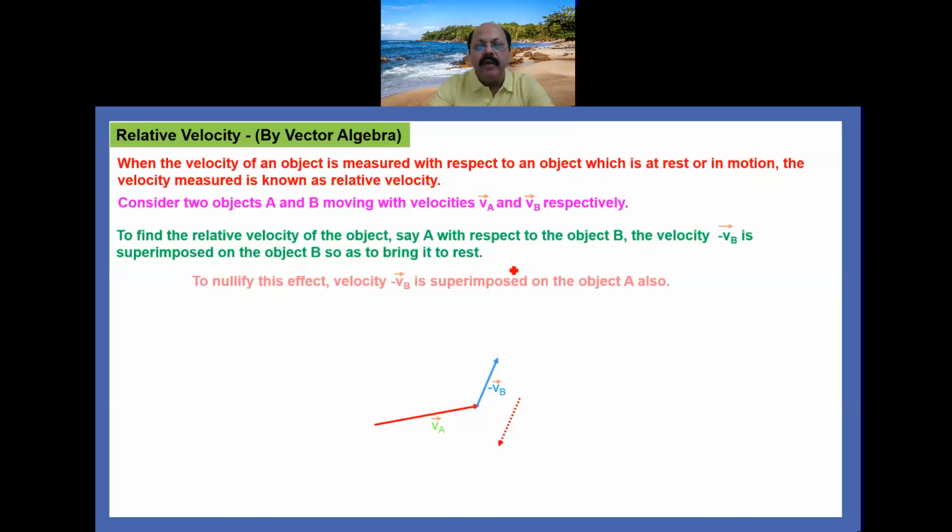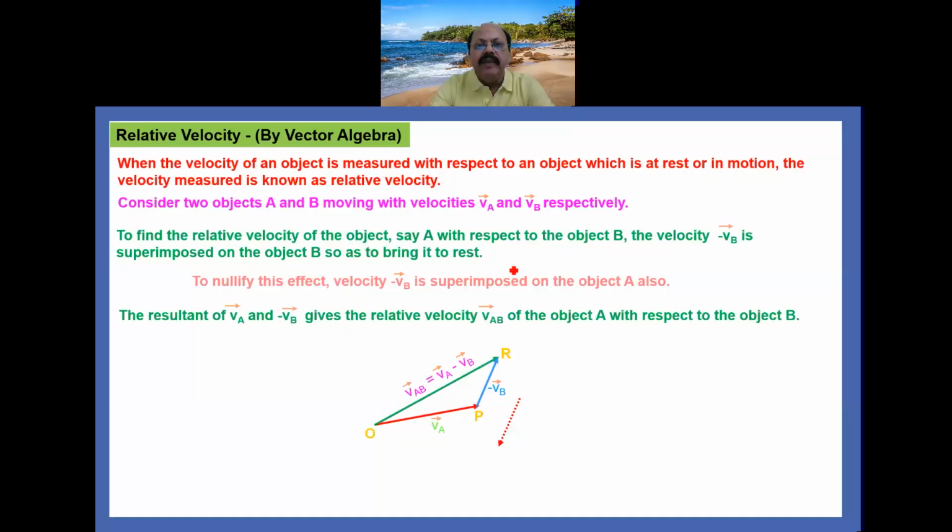If we draw a parallelogram, then by the diagonal we can get the resultant, and that resultant is known as the relative velocity of object A with respect to object B. So we can write VAB vector, meaning the relative velocity of A with respect to B, which is equal to VA vector minus VB vector according to the vector's law of triangle.